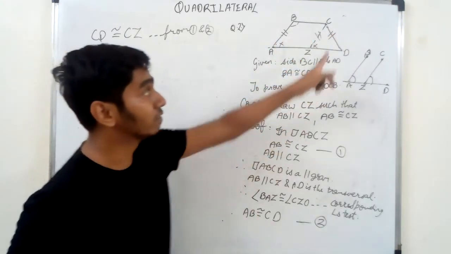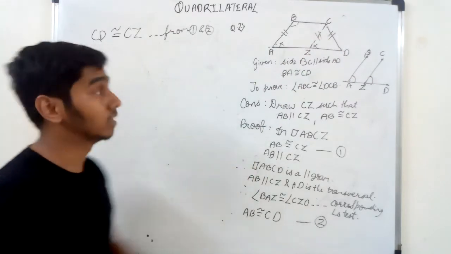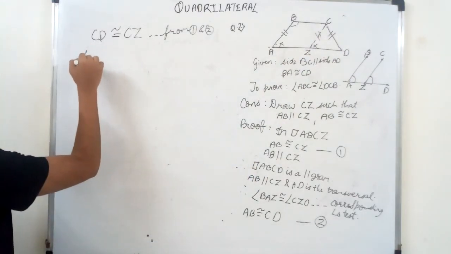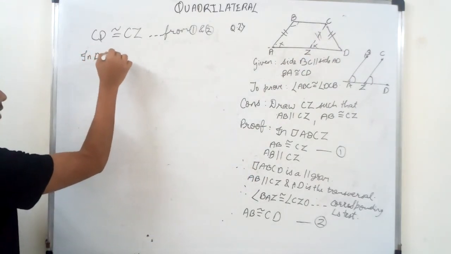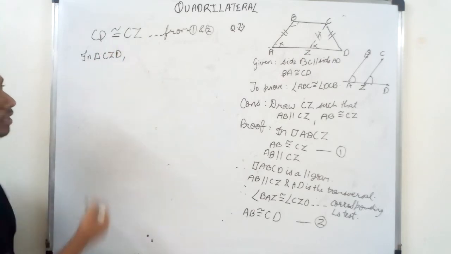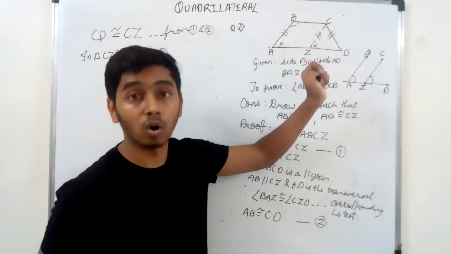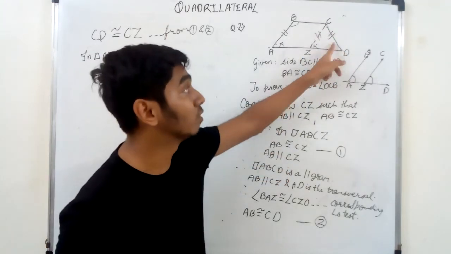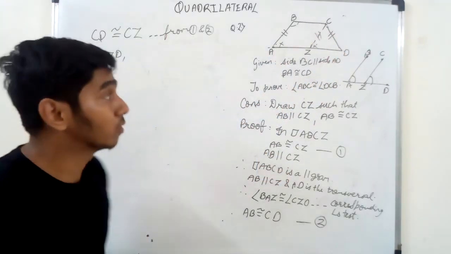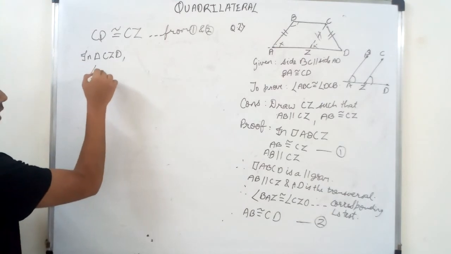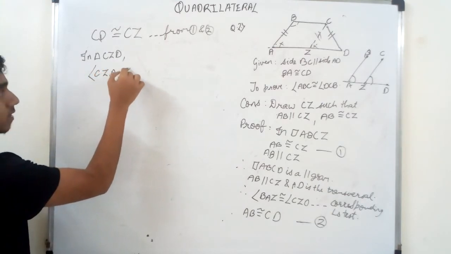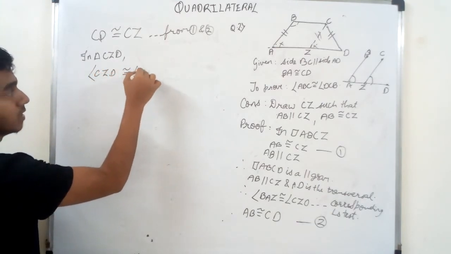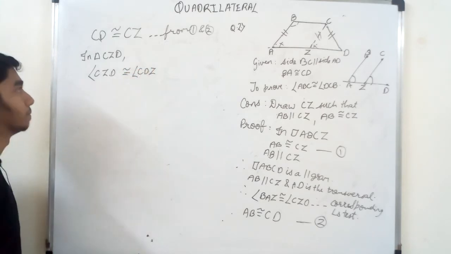So here this is forming a triangle. In triangle CZD, opposite sides are congruent, therefore the angles opposite them will also be congruent. Yes or no? Therefore angle CZD is congruent to angle CDZ.